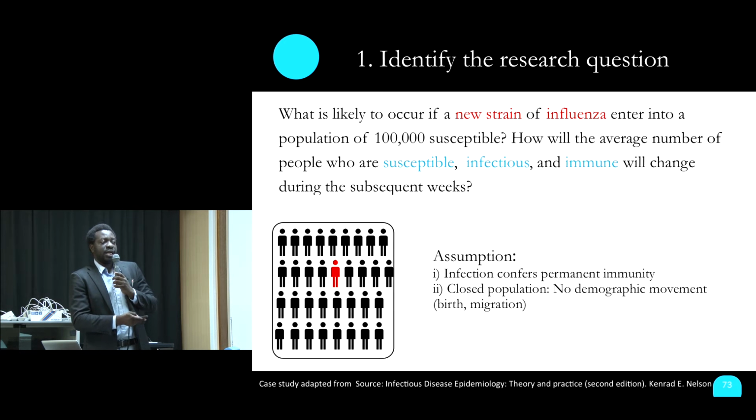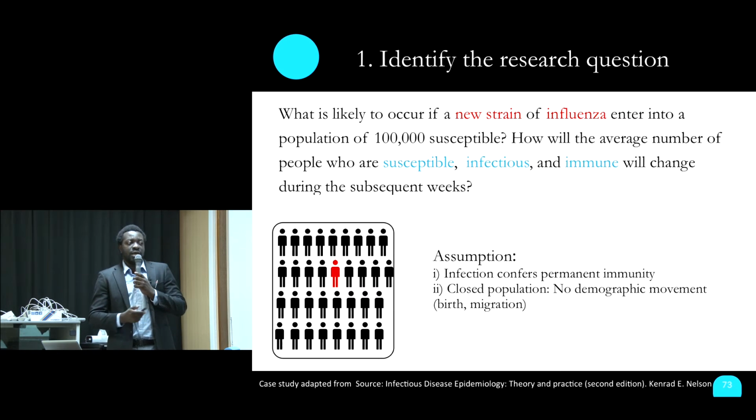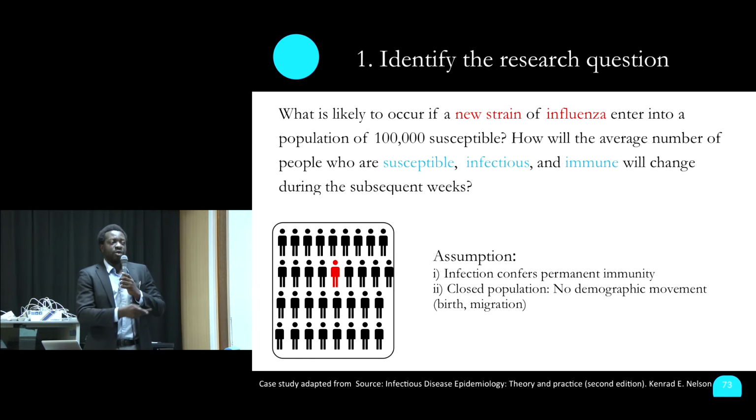So let's assume that this is a closed population, like there is no entry, so no migration in, and no birth, so it's closed, and there is no migration outside, and no death, no one is dying. So this is just for understanding what may happen.